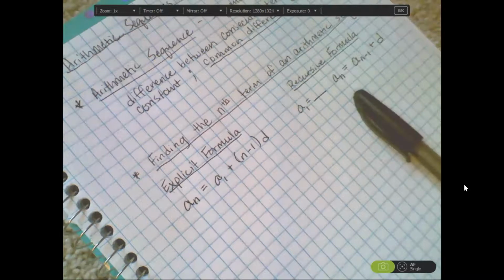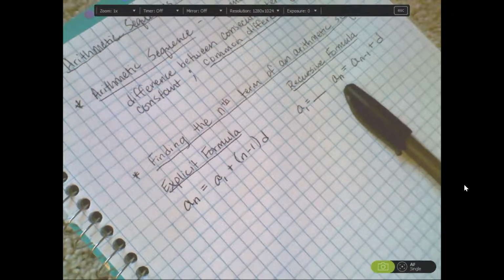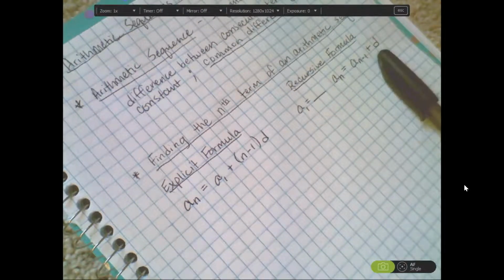So for instance, if I wanted to find the 10th term in my list, I would just take the 9th term and add whatever the difference was, or subtract whatever the difference was.